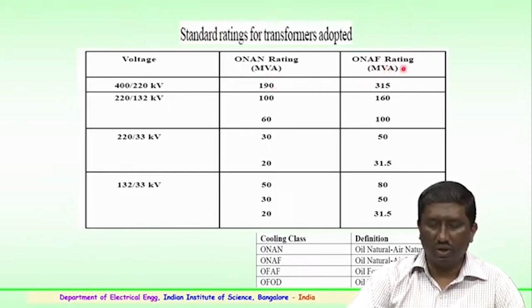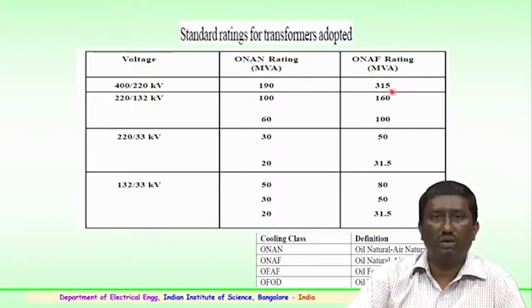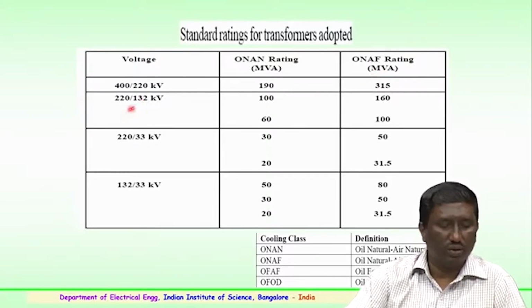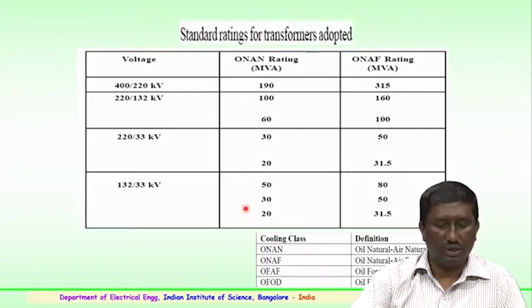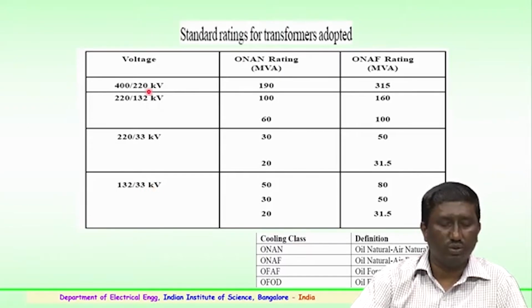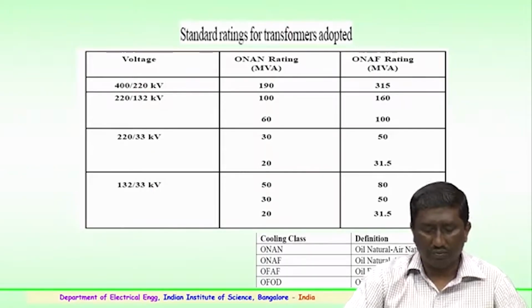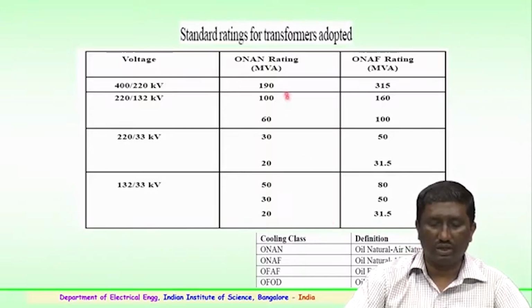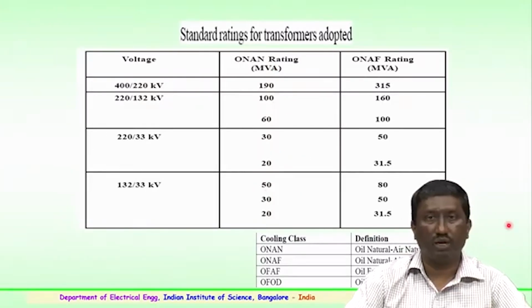In case of oil natural air forced rating, the MVA rating of the transformer could be around 350. Similarly, for various voltage levels, these are the ratings of the transformers adopted for typical substations, from a 33 kV distribution substation to a 400 kV transmission substation. For various cooling classes of the transformers, the ratings have been chosen or adopted accordingly.